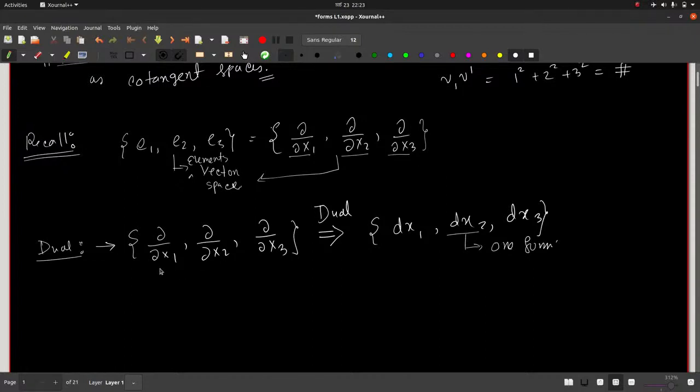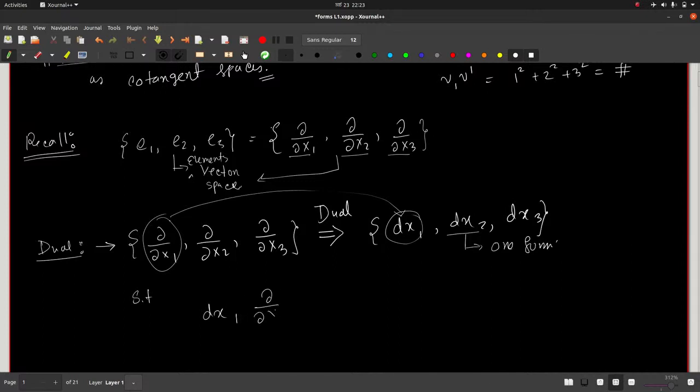Okay, so the partial derivative with respect to the x1 coordinate will have a dual element dx1, such that dx1, when acting upon this operator, will give you a 1. However, if you act dx2 on dx3, you should get a 0.